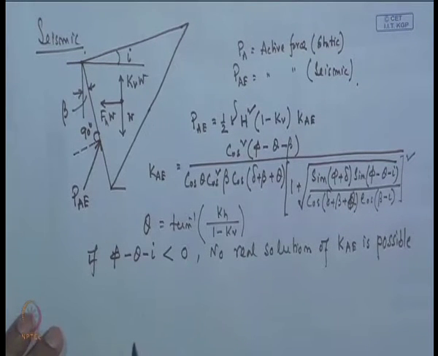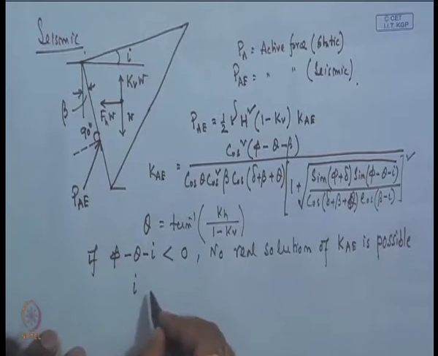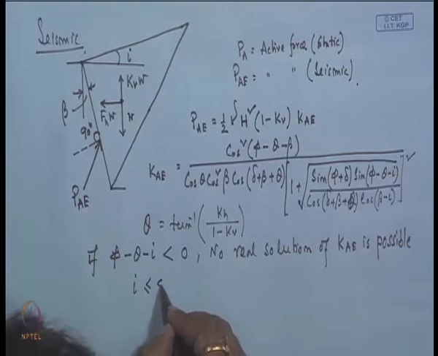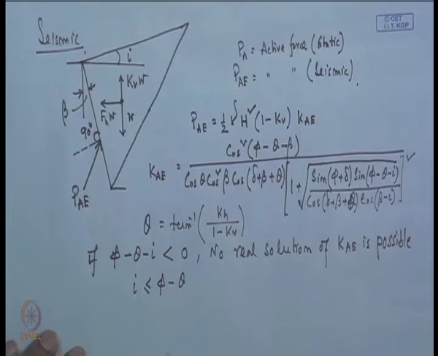So, that means to get a real solution, the condition is that i should be less than or equal to phi minus theta. This condition you have to satisfy.